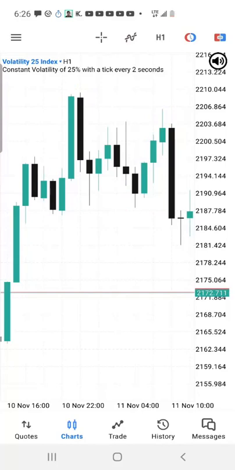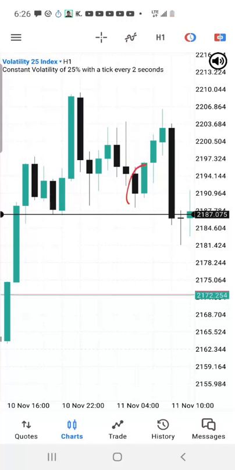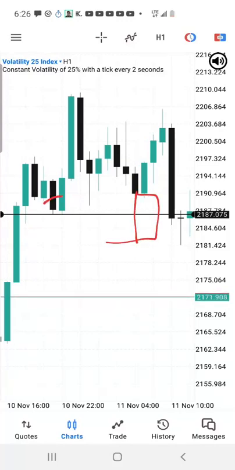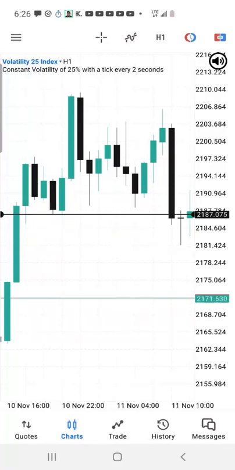Such that when you draw a line like this, the low here is no lower than the low here. It should be either equal, or this particular low should be higher. That is, it should go inside like this.